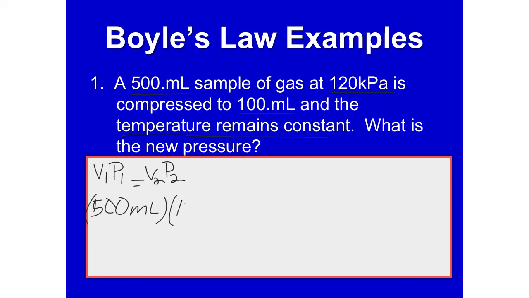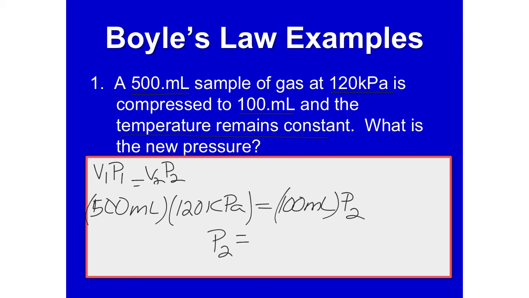So we are starting with a volume of 500 milliliters. The original pressure is 120 kilopascals. The new volume is 100 milliliters. So we also can use some common sense here. If we take our gas and we smush it down to 100 milliliters, our pressure is going to have to increase. So we know that our P2 needs to be significantly higher than the original 120.